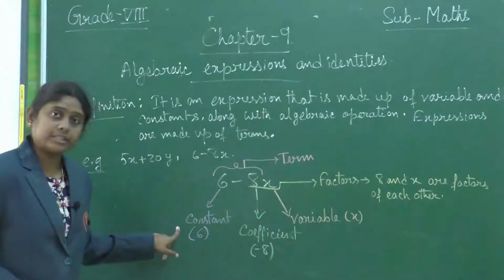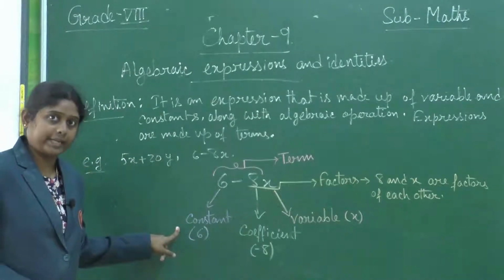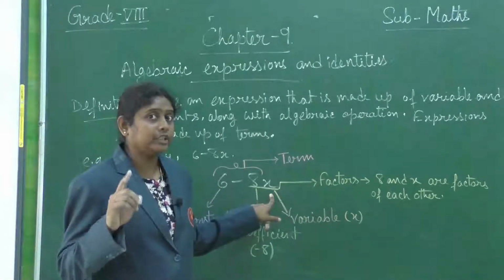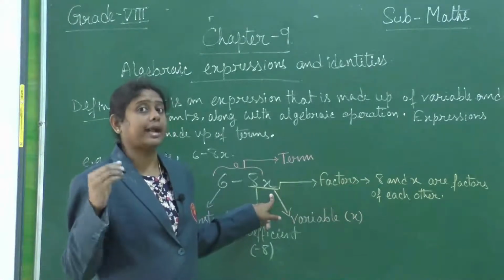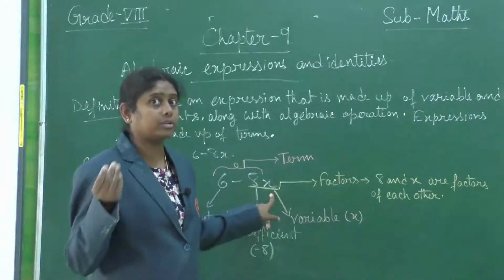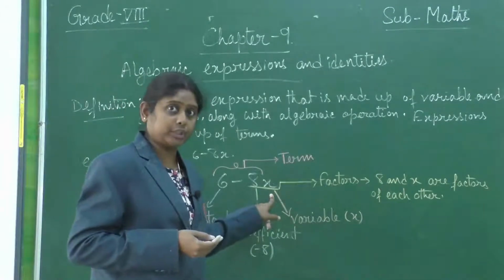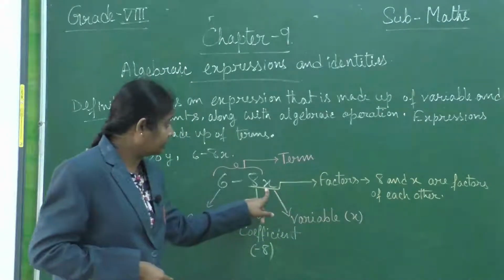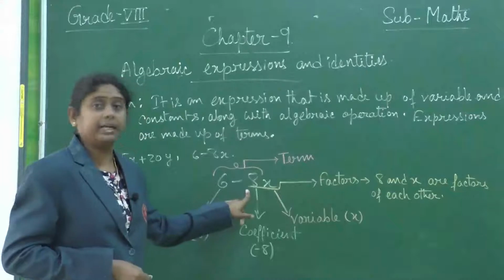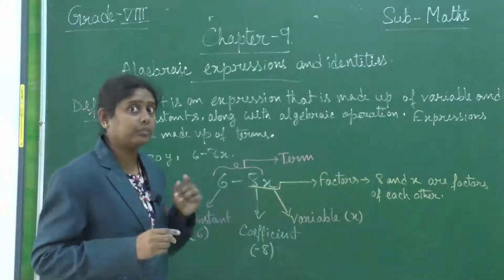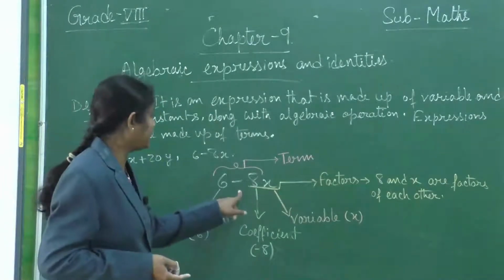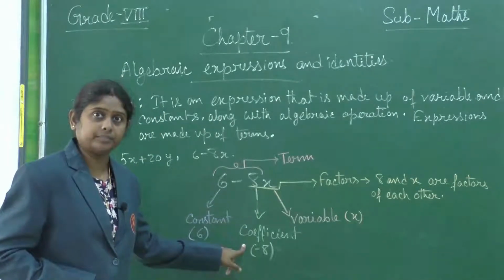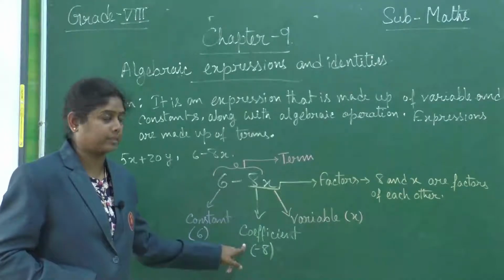6 is the constant part of this algebraic expression, and x, which is varying, means which can take different values, is called the variable here. And with the variable, the number which is related with the multiplication sign, that is minus 8, is the coefficient of the algebraic expression.